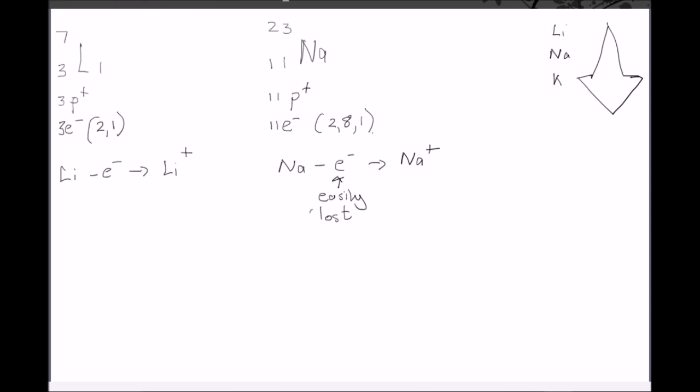So our task today really is to decide, well, why is this electron more easily lost than the electron from the lithium, and then why is the electron from the potassium even more easily lost than the electron from the sodium? Well, let's have a look at first of all what is it that actually holds an electron into an atom. Well, this is why I covered the number of protons in each case.